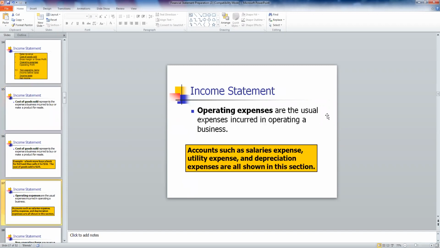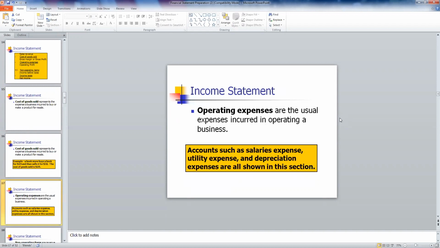So operating expenses are the usual expenses that occur in operating a business, and this applies to all types of businesses. So salaries, utilities, depreciation. And I know many of you don't know what depreciation is yet, but we'll get to that. It's a pretty simple way that we allocate costs for certain things over several periods.